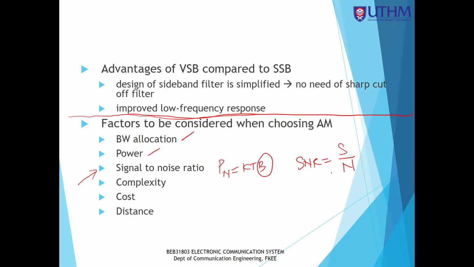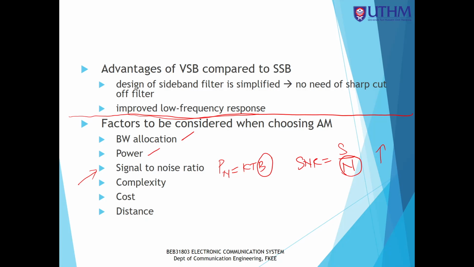So we need to choose a modulation scheme that produces the least amount of noise so that we can achieve higher SNR. That means if you want a better SNR, we can go towards a single sideband modulation scheme.